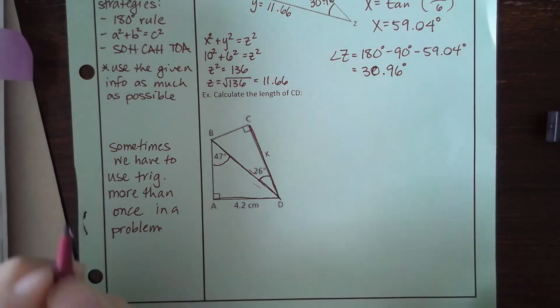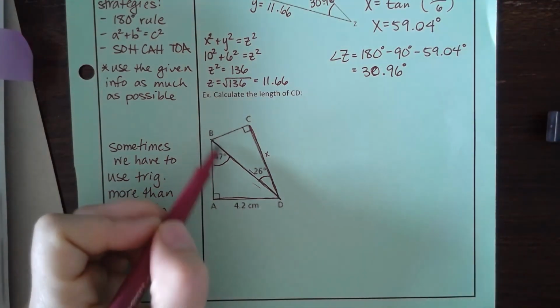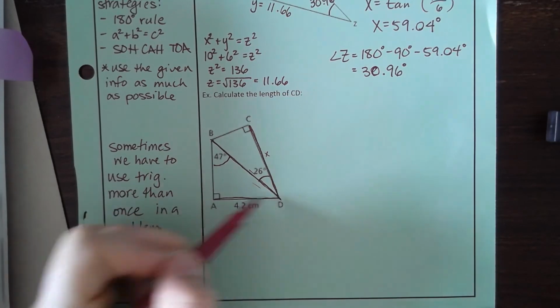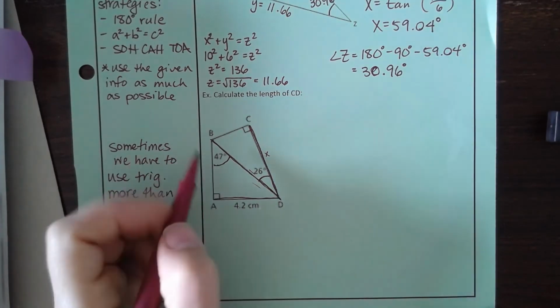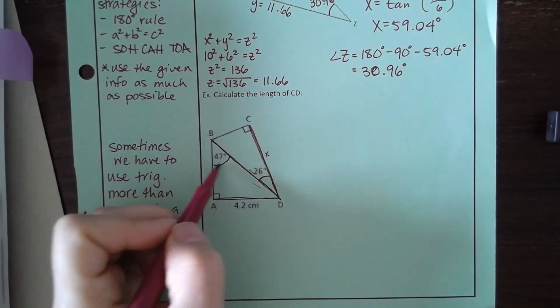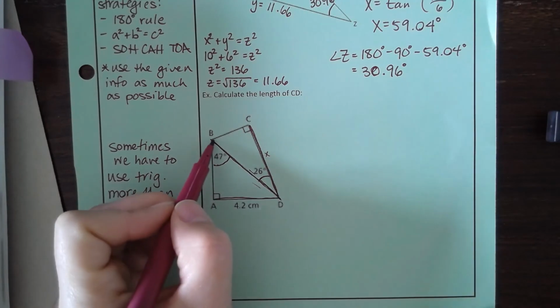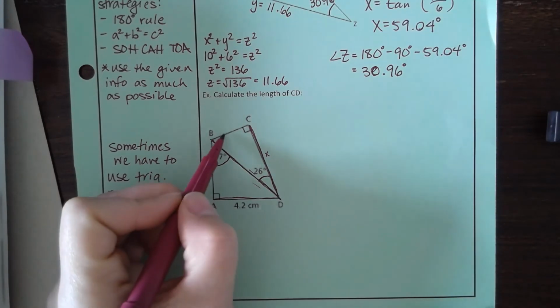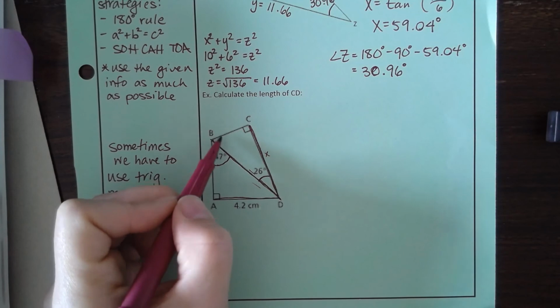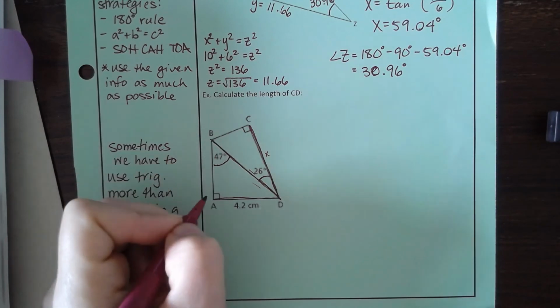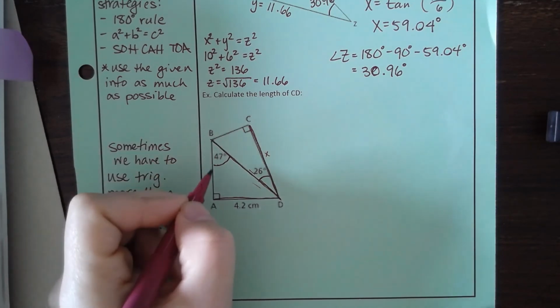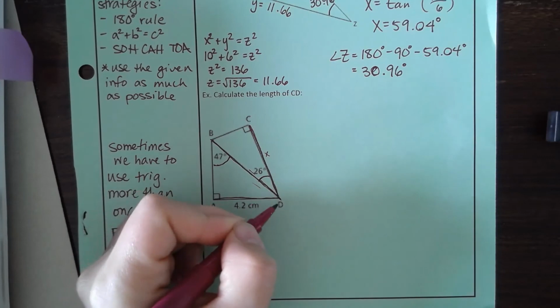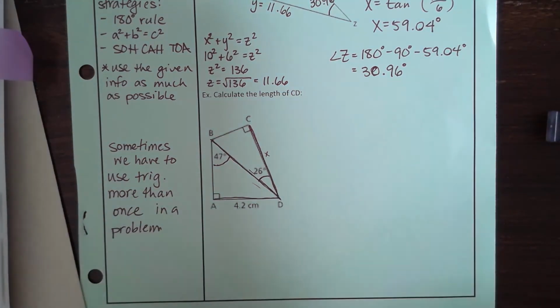Okay, so what we need is the hypotenuse of triangle ABD. Given angle 47 degrees here, and I don't want to call it angle B because angle B is really big, right? It's this big angle here, so I want to be really careful. This is angle ABD. All right, so that can be a little bit tricky.